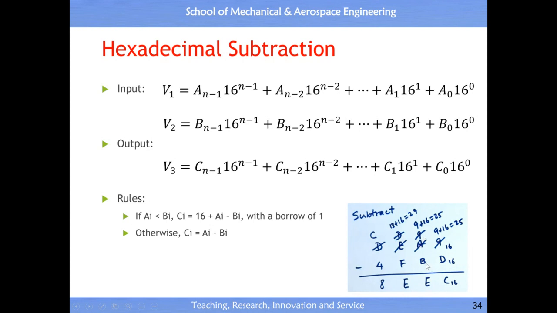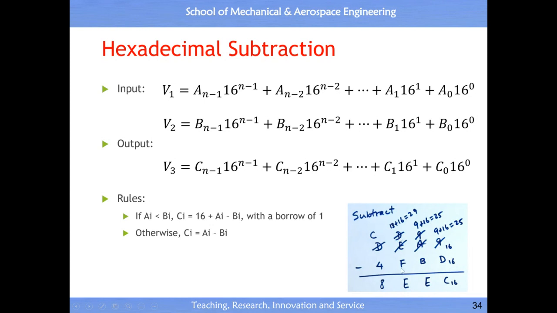Okay, 9 is smaller than B. Then we must borrow 1 from the left. Then it's 9 plus 16 equal to 25. 25 minus B is equal to E.